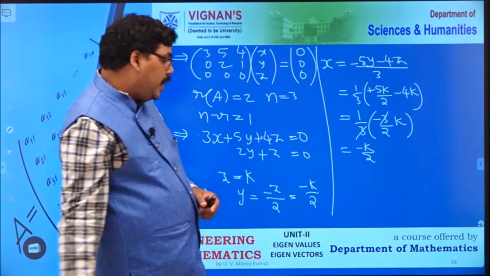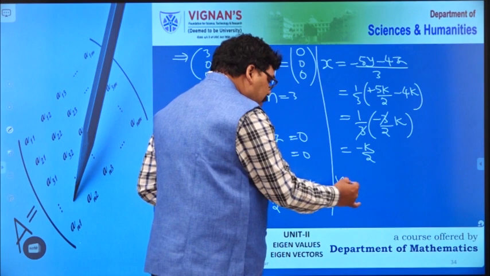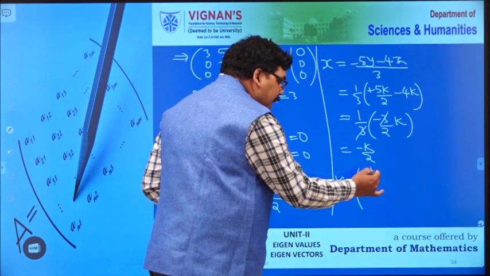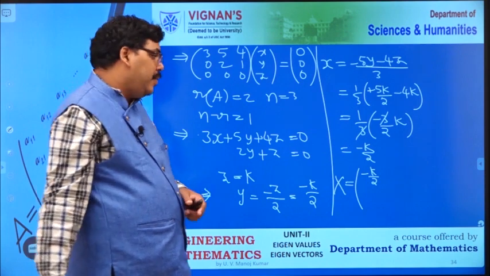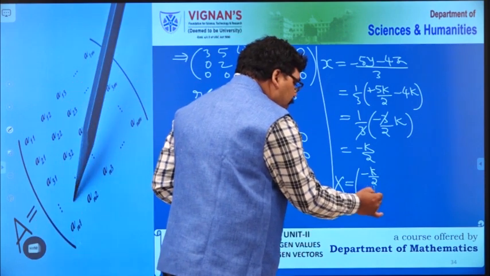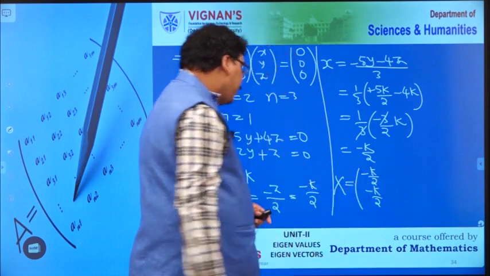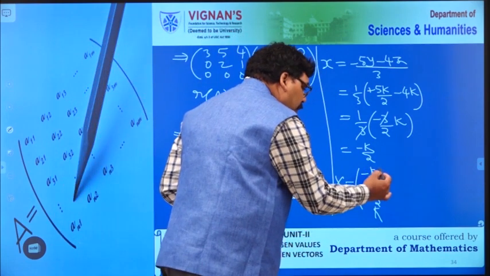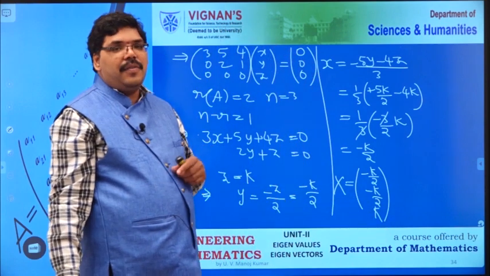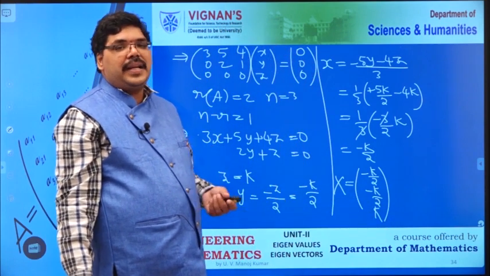So what is the eigenvector here? X equals minus k by 2, that is the x value. What is the y value? Minus k by 2. And what is the z value? K. You can take k common, of course. In general, we take k common.